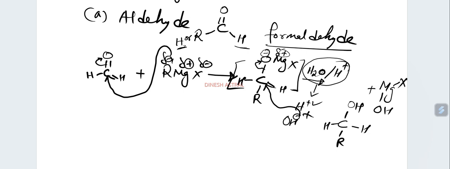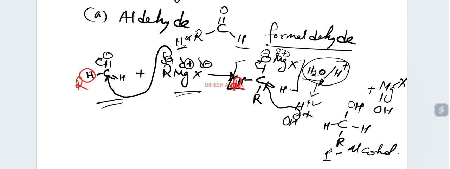Is that clear to all of you? So what we get here is alcohol, yes or no? And what kind of alcohol is this one? It's a primary alcohol. So whenever formaldehyde reacts with Grignard reagent, you get primary alcohol. Now in the other reaction, if there is another aldehyde, with a carbon group in place of this hydrogen, that group will also remain in its own place.